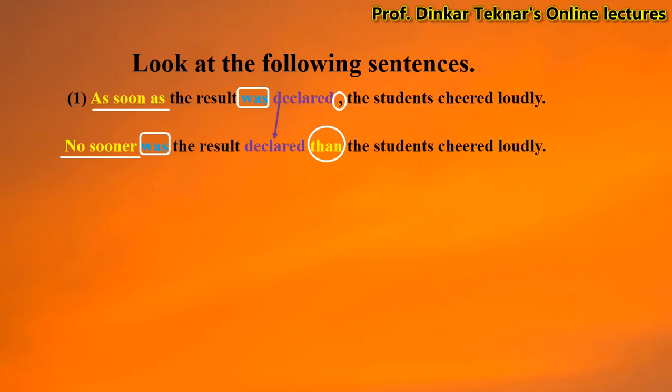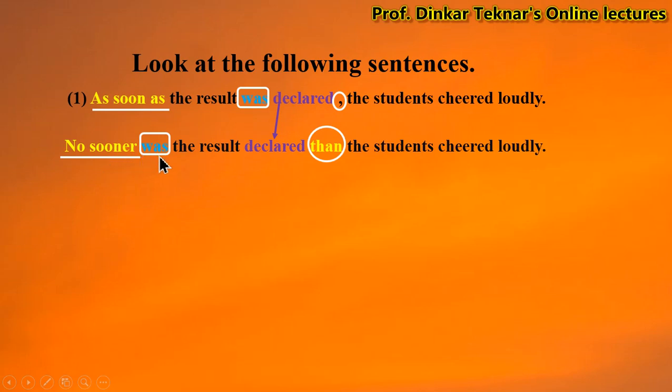This means if there are two verbs, that is, one auxiliary verb and another main verb, given in the sentence of as soon as, in the sentence of no sooner the same auxiliary verb is used after no sooner.